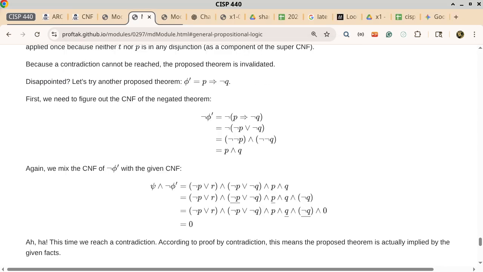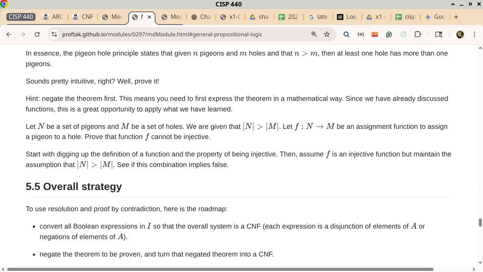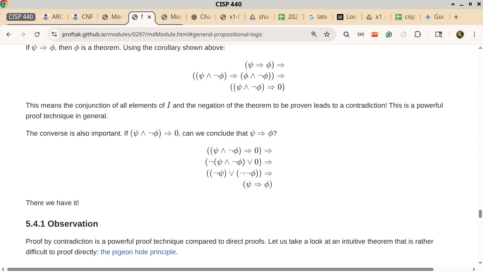So proof by contradiction is basically saying if psi implies phi, then we know that psi and not phi has to imply false, which means the conjunction itself has to be false. So knowing this conjunction is false leads to the conclusion that psi implies phi.